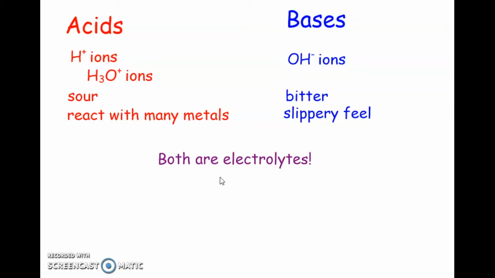Many acids and bases can be ionic compounds, but there are some that are not ionic, but they still dissociate in water. Again, by definition, acids have to form an H+ ion, bases have to form an OH- ion. So there is dissociation going on. They are producing ions, which means they are going to be electrolytes.